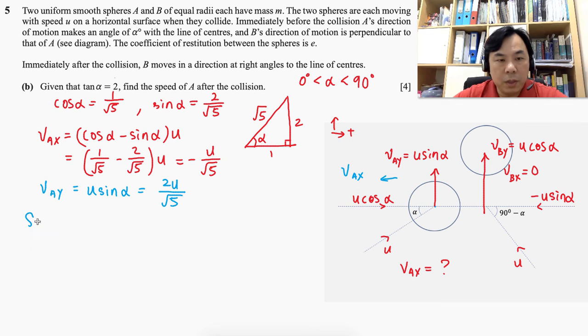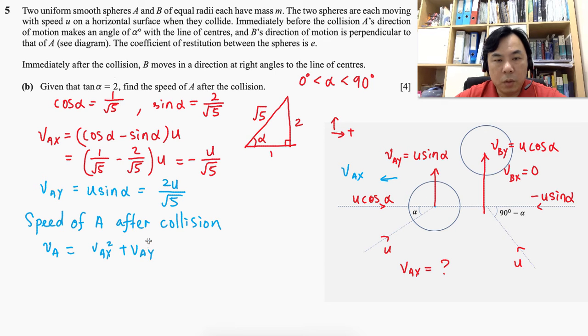So the speed of A after the collision will be given by Pythagoras' theorem on the x and y components.